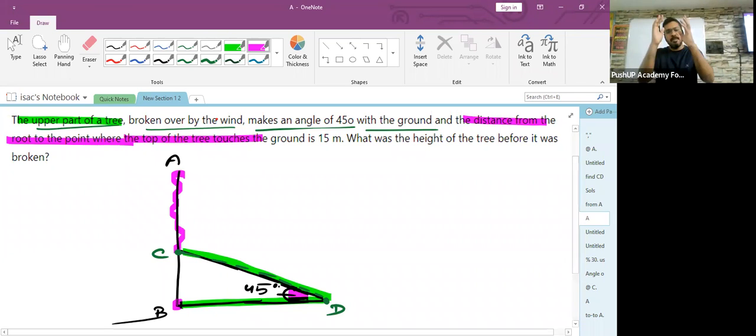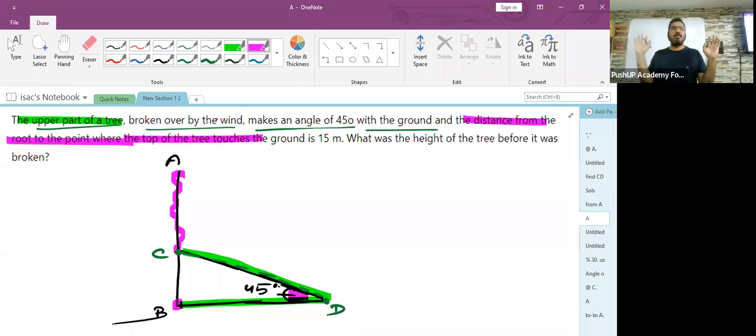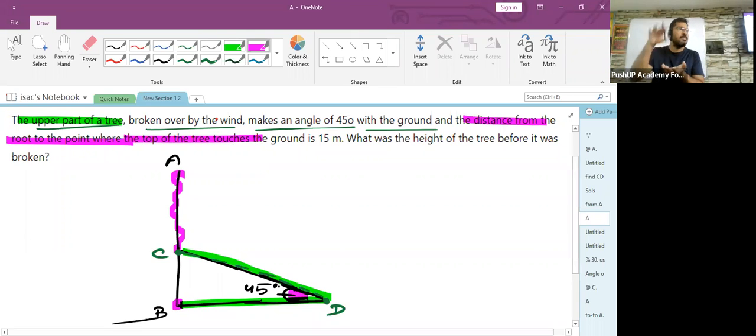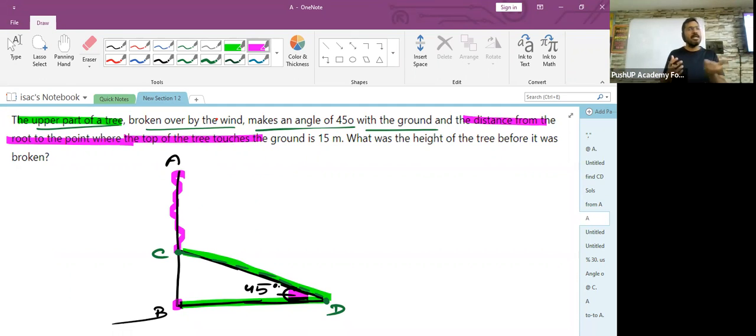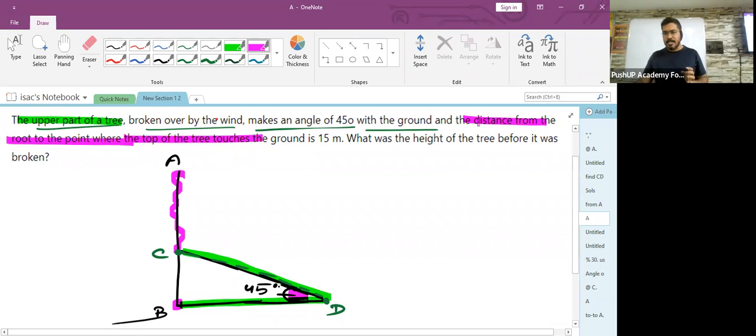The lower portion BC is standing intact. It's not moving anywhere. Only the upper portion AC fell on the ground. So in that remaining portion CB, can I consider B as the root of the tree? Instead of calling it the root of the tree, I can also call it the foot of the tree. Make sense? All right. Now read this part once again.